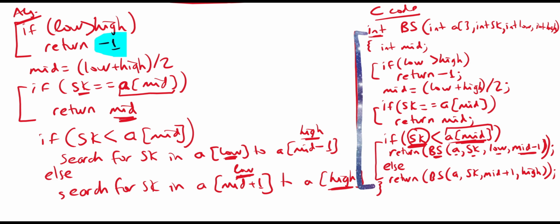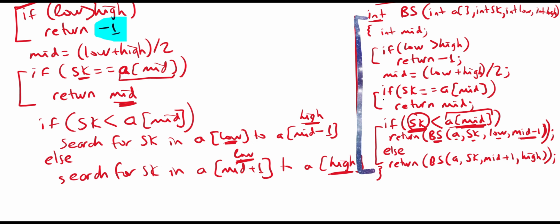Let me show you one more thing. Let's say that we want to call this function in main. How can we call this function in main? Let me write it here. Let's say that we are in main or in another function, and we want to call this recursive binary search function.